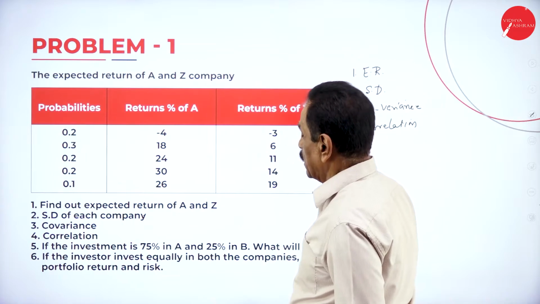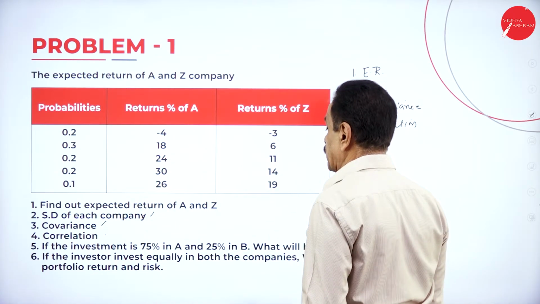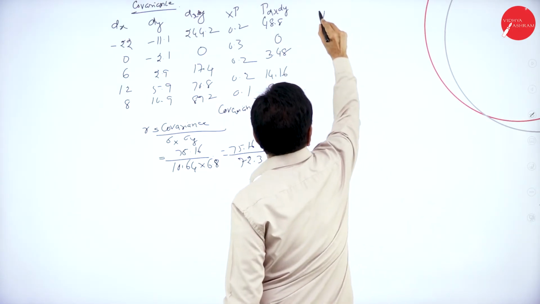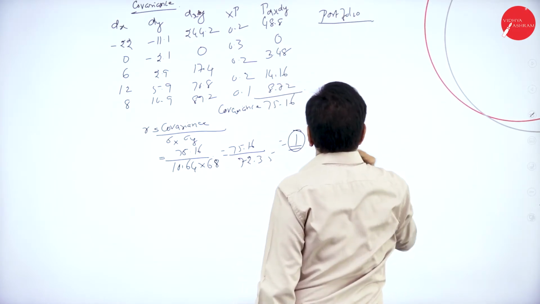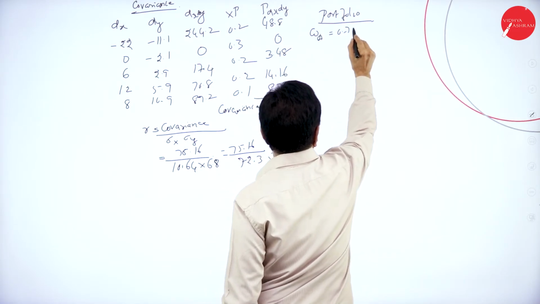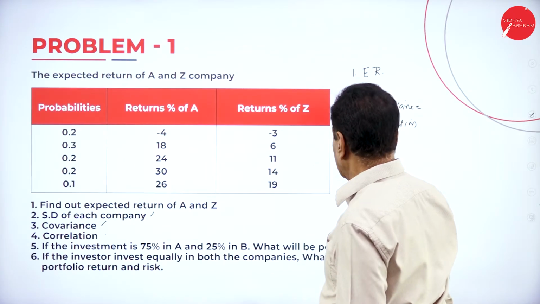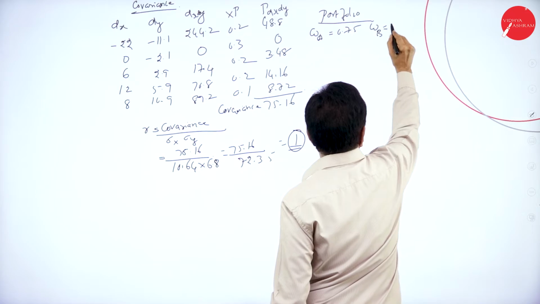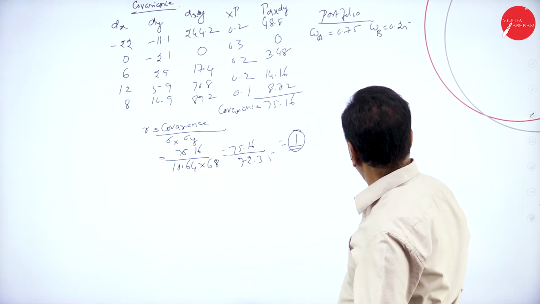Then investment 75% in A. Portfolio: WA 0.75, WB 0.25. Slowly you have to apply.